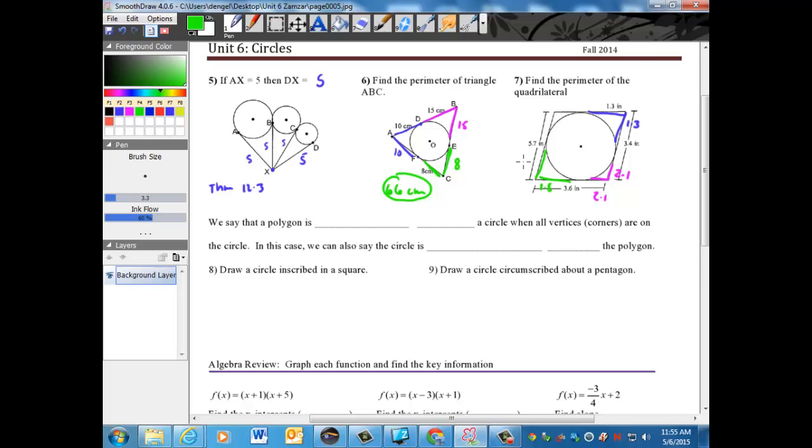This piece has to be 1.5. And then if we have 5.7, this piece has to be 4.2, and this piece has to be 4.2. And we add all those up, and we get 17.8 inches is our perimeter.